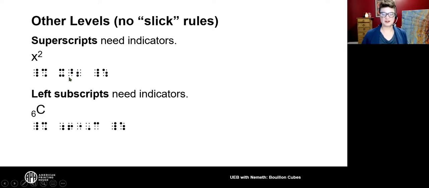Remember, the superscript indicator was dots over at the right on the top 2 rows of the Braille cell. The subscript Nemeth Code indicator is dots over at the right in the bottom 2 rows of the Braille cell. So the subscript indicator is dots 5, 6. Then we just have our numeral 6. We stop being in a subscript position by using a dot 5 to go to the baseline and have capital C. We opened our Nemeth Code bubble, so we have to remember to terminate it when we're done with our math and technical material.